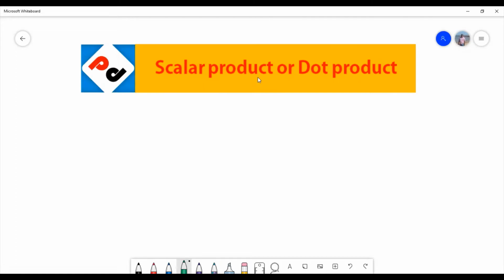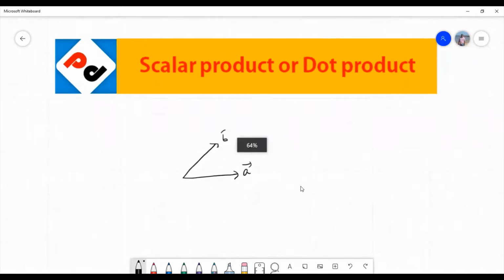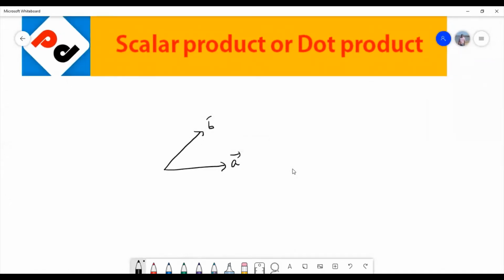So, very simple. Let us take two vectors. One is A bar, let's take this as B bar, and let theta be the angle between the two vectors.